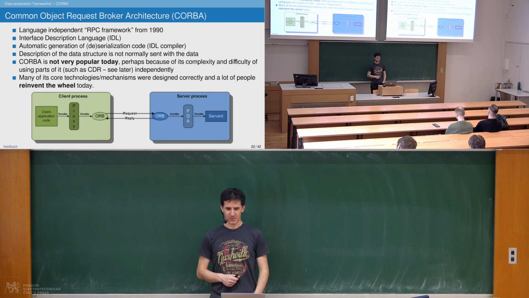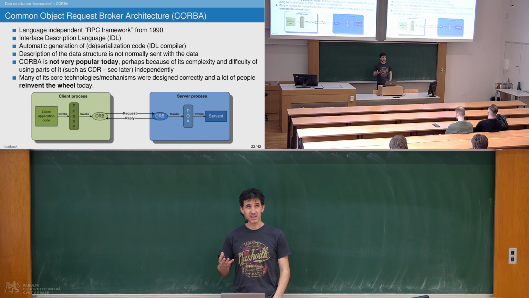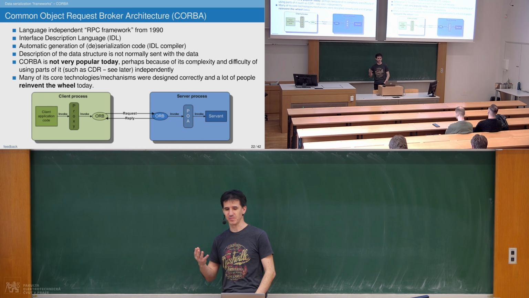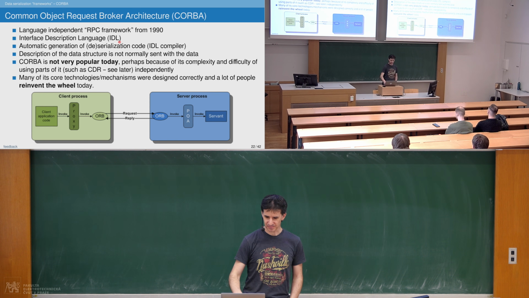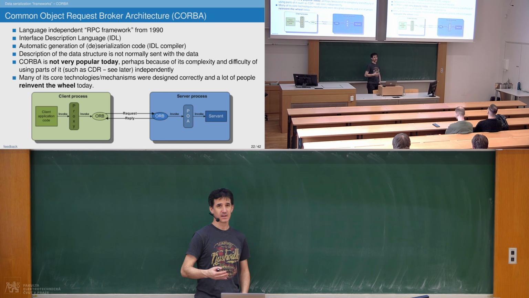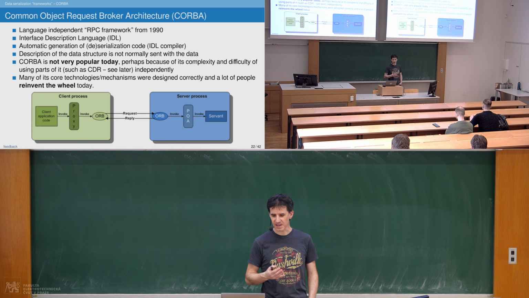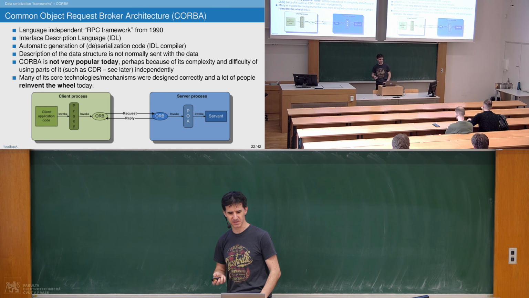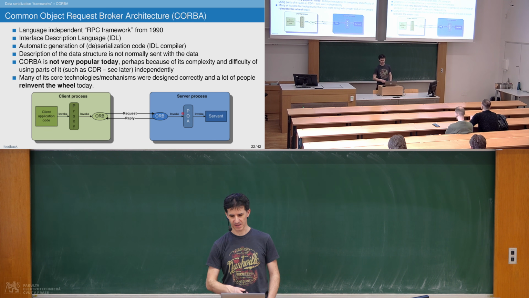So very briefly, everything about these new frameworks is very similar to what was there in Corba. For example, there was something called interface description language. Nowadays all those frameworks use something like that. Maybe they don't call it IDL, they call it schema or whatever, but it's still the same. Then there is automatically generated code that handles this communication, serialization, deserialization, and so on.